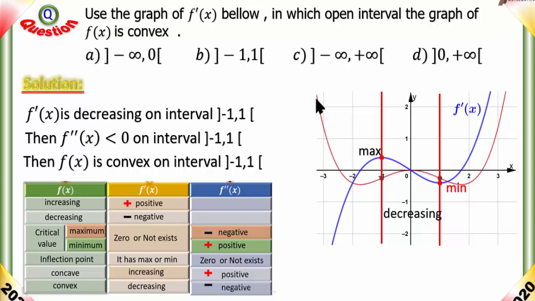If we draw the graph of the function like this, it is convex on minus 1, 1. That means B is a correct answer.